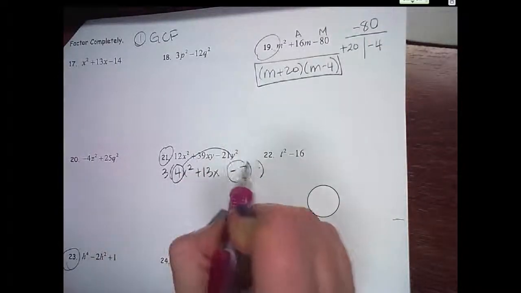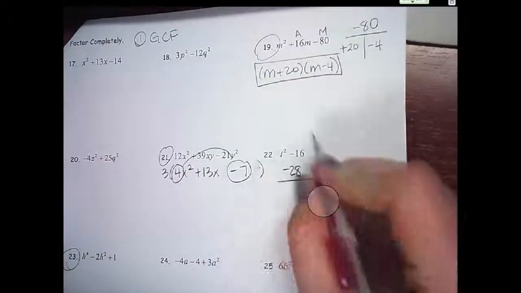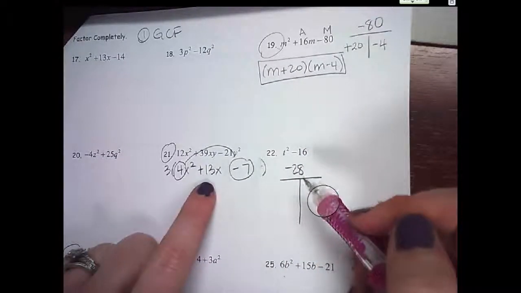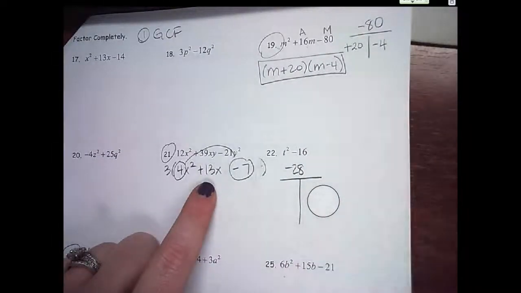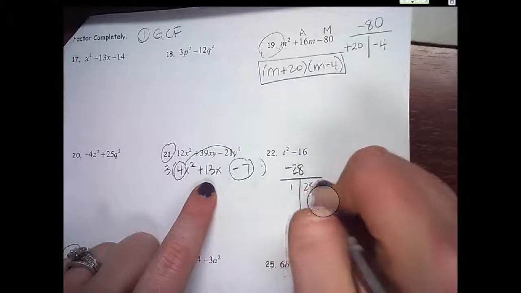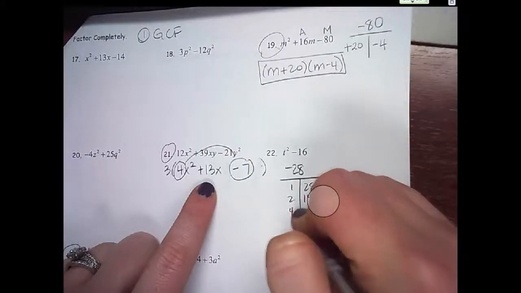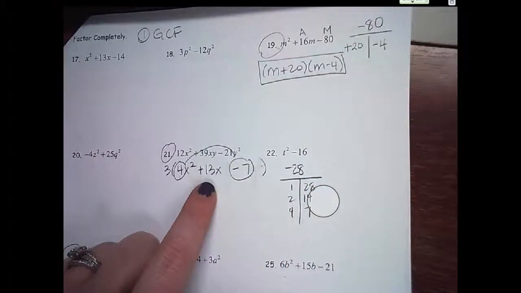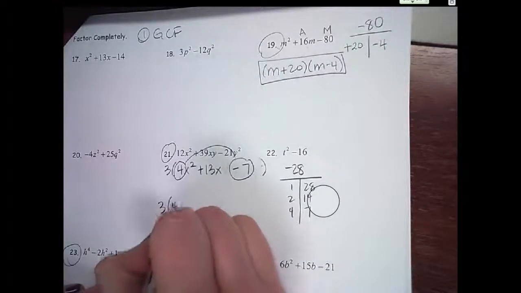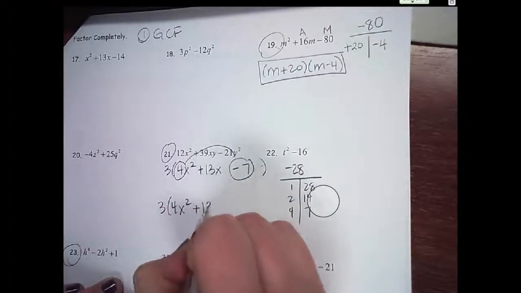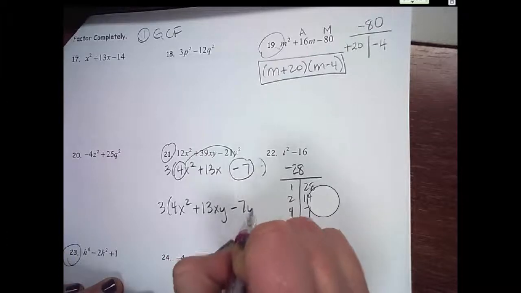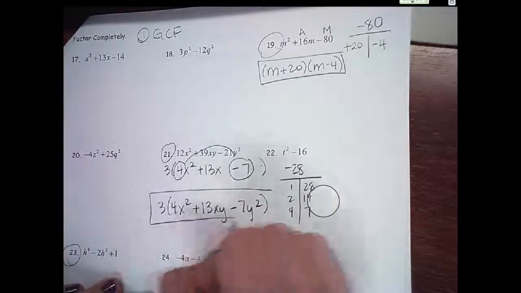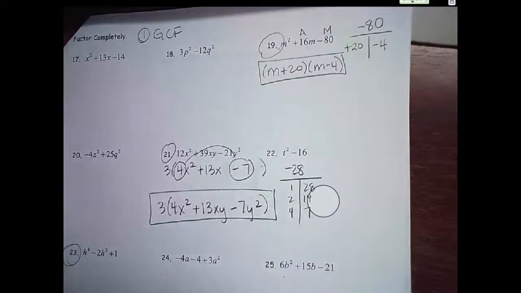So 4 times negative 7 is negative 28. So 2 things that multiply to give you negative 28 and add to give you 13, which is nothing. So that's our answer, actually. That one just has a GCF. So that's all on that one.